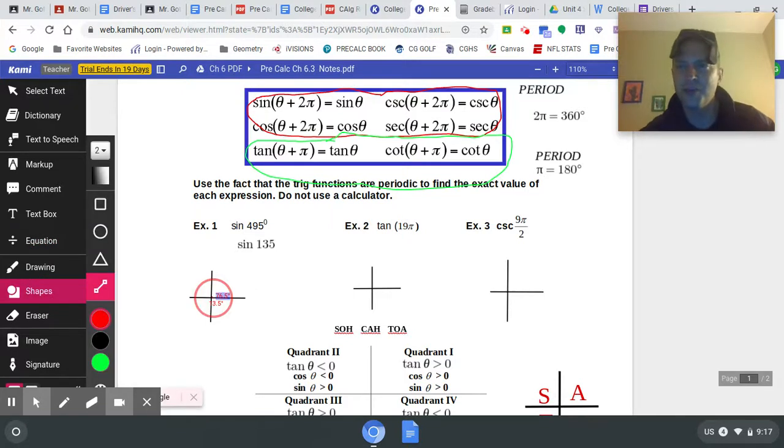All right, gang. So what we need to do is draw our initial side, which is always on the positive x-axis, and now we need our terminal side. So terminal side, that's 90, that's 180, that's 270, that's 360, and then 90 plus 360 would be 450, and then 495.